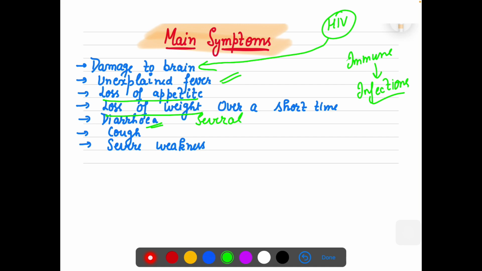Severe diarrhea, cough, weakness, because the immune system is getting weak, so weakness is a very common symptom in HIV. So the most characteristic features are damage to the brain, unexplained fever, loss of appetite, loss of weight, diarrhea, cough, as well as weakness.